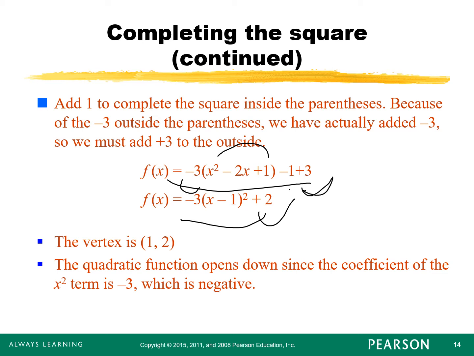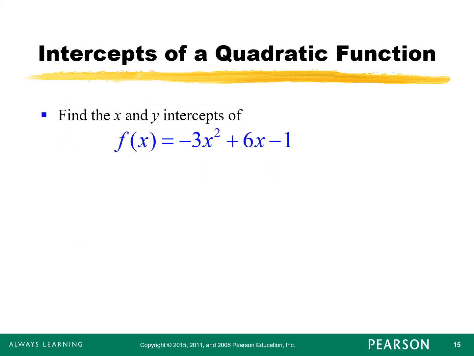And this is what we call the vertex form of a quadratic function, with 1 and 2 as the vertex point. And after that, we'll see what we can do with our vertex point. So this is how we can go from the general form to the vertex form of a quadratic function.